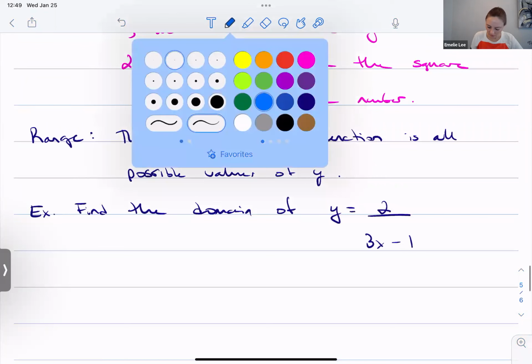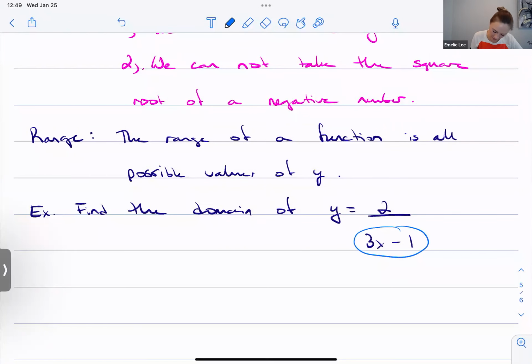So here, right, it's really important, we cannot divide by 0. So what I do is I set it equal to 0, and then the resulting value of x is what I pull out of my domain.